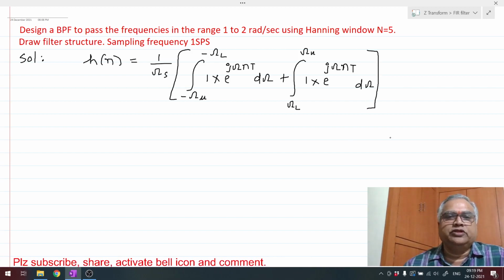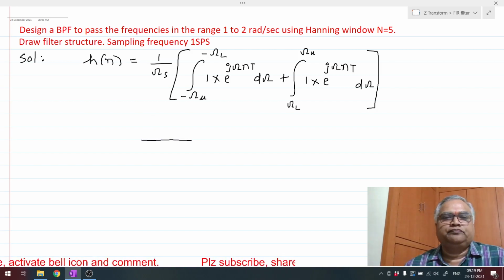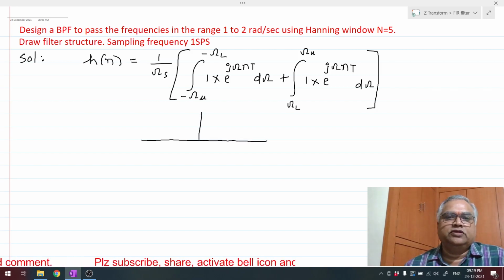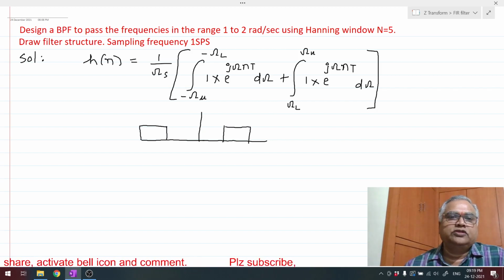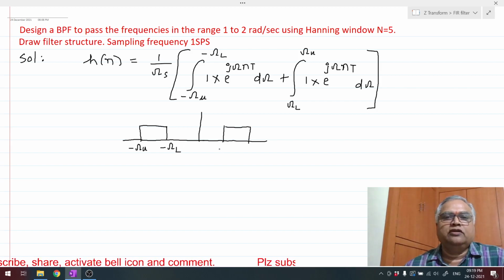This formula is important because what is being asked? Band pass filter, from here to here. This is minus omega upper limit u to minus omega lower limit. Positive side, omega L to omega u.